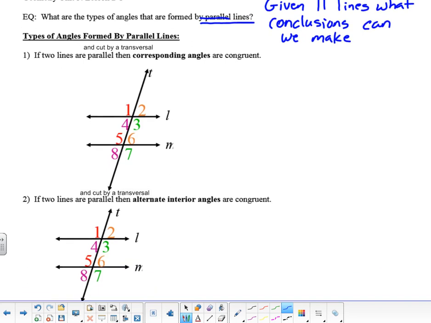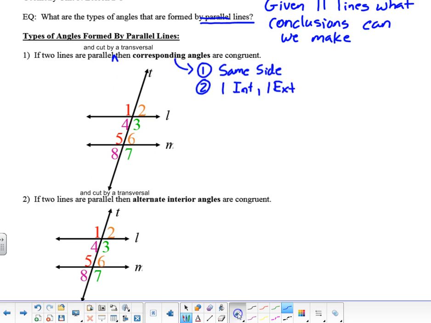Number 1 is if two lines are parallel, and cut by a transversal (I just added this in there and you should add this in there), then corresponding angles are congruent. Let's review the properties of corresponding angles. They are on the same side of the transversal, and one is an interior and one is an exterior angle.